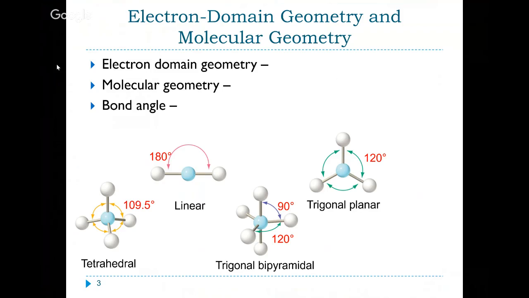Trigonal bipyramidal, you have bond angles of 90 and 120. And octahedral, you have bond angles of 90 and, of course, 180 from the top atom to the bottom atom. Each of these shows the molecular geometry in terms of how many electron domains we have. Linear is 2, trigonal planar is 3, tetrahedral is 4, trigonal bipyramidal is 5, and octahedral is 6.